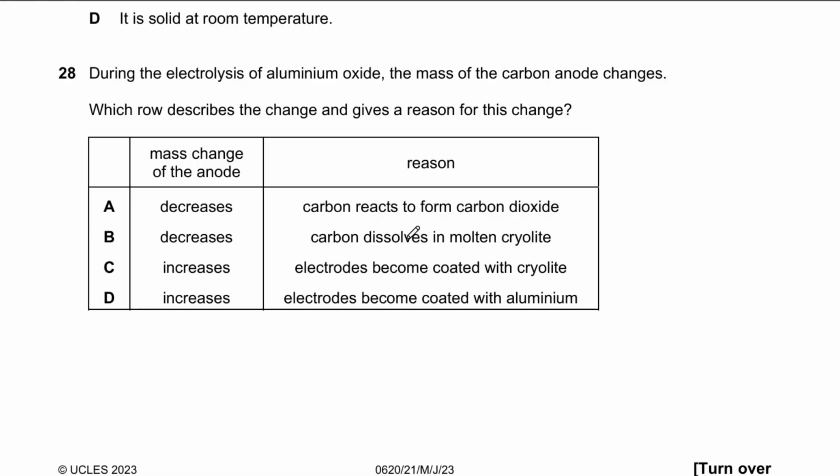So that means it will burn away. So the mass decreases. So the answer is between A and B. And let's look at the reason. Carbon reacts to form carbon dioxide. Carbon dissolves in molten cryolite? No. So our answer is A. Decreases, because carbon reacts to form carbon dioxide.